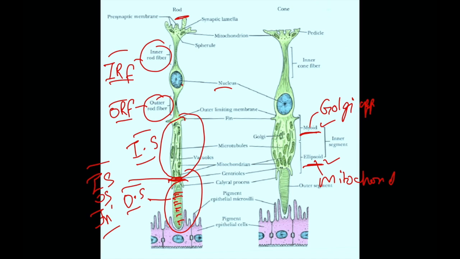Then you have the nucleus, and the inner fibers of rods and cones end in synaptic terminals. We give the name spherule for rods, and the name pedicles for cones. This is the most important part to understand here. Okay.